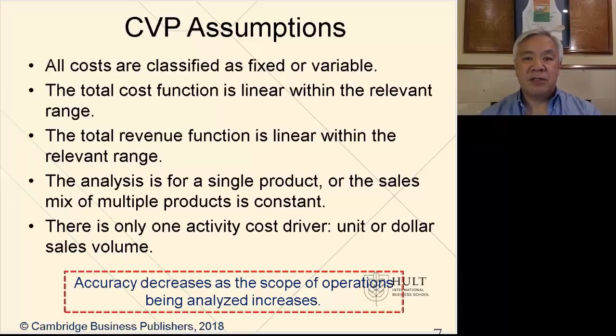Weather, especially in extreme climate areas, would drive the heating, ventilating, and air conditioning costs, as opposed to how many widgets you made in your factory. But we're going to ignore all of those and assume that it's either fixed, or if it's variable, it's all moving based on units sold. These are very broad assumptions, but with these we can find some very simple calculations in order to accomplish CVP and its objectives.